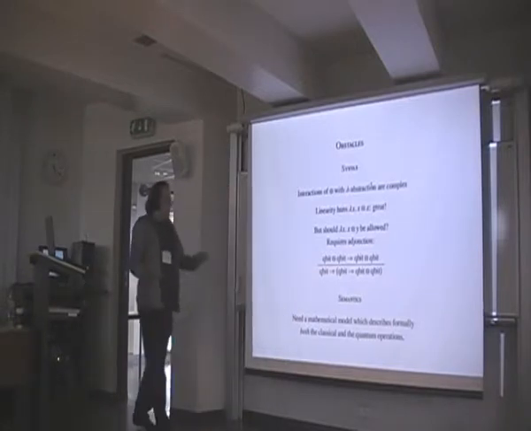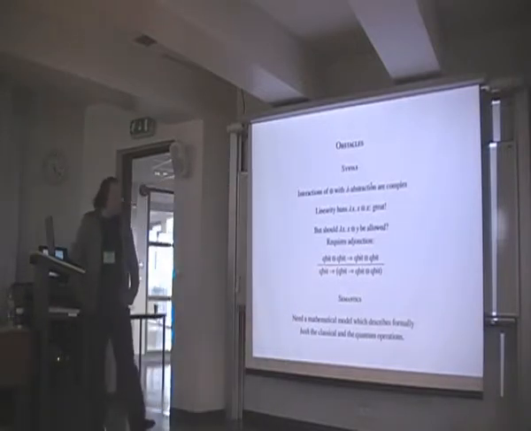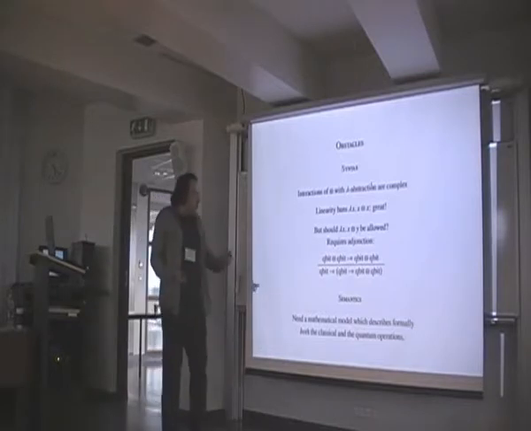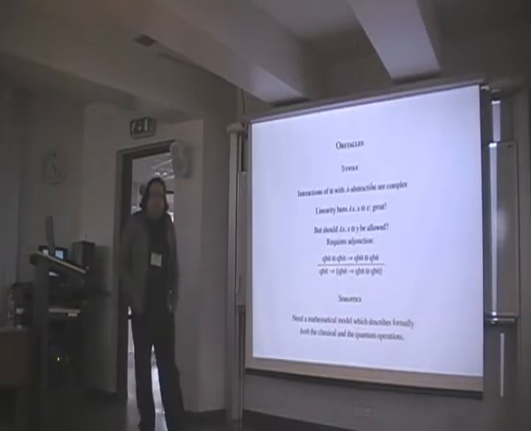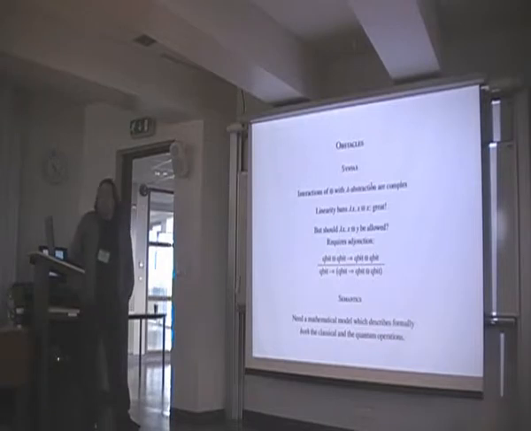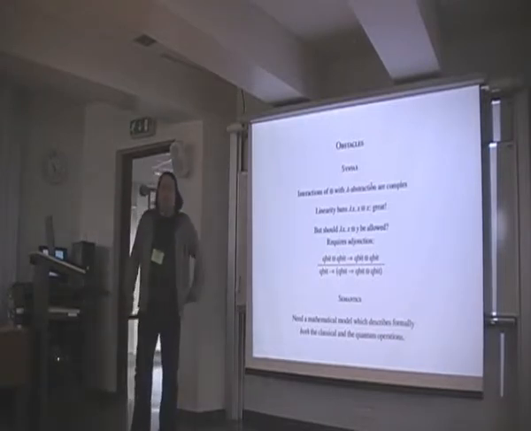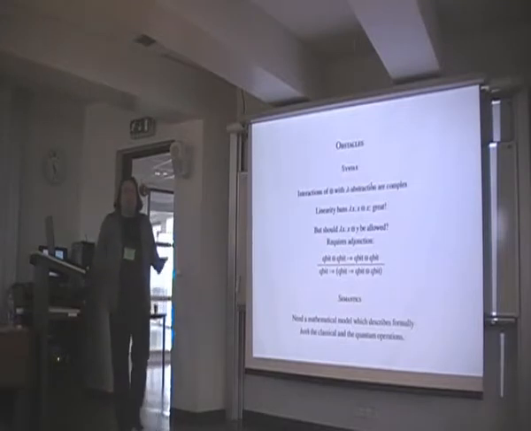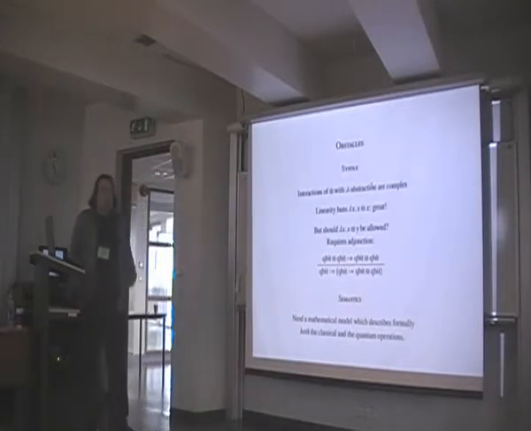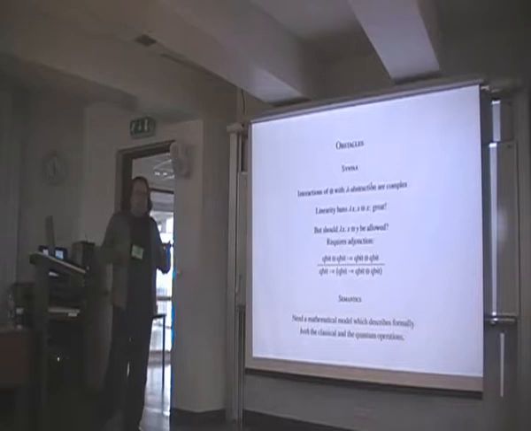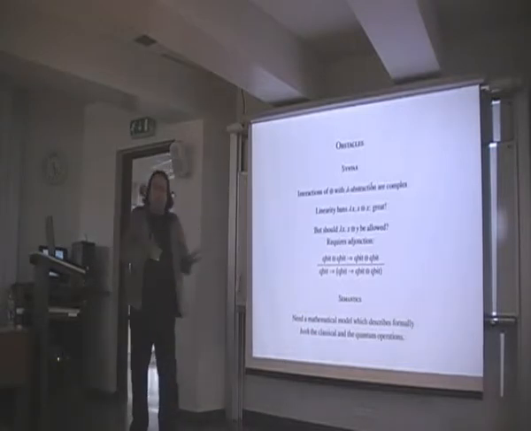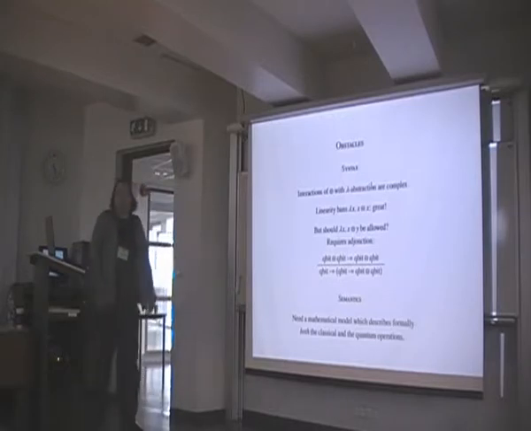Another problem is that we need some sort of mathematical model which describes formally both classical and quantum operations. There's a lot of research in that direction. We don't have a good model which, if we forget the quantum part, would specialize to a known model of classical lambda calculus.